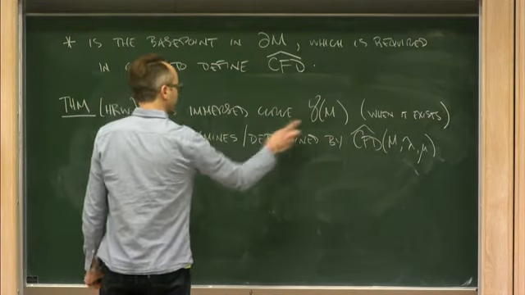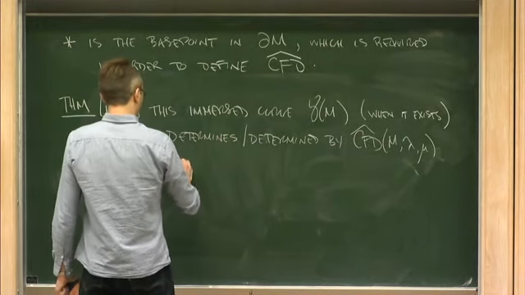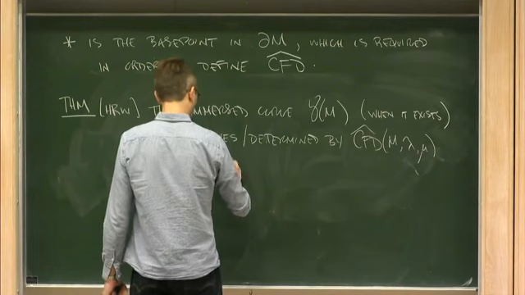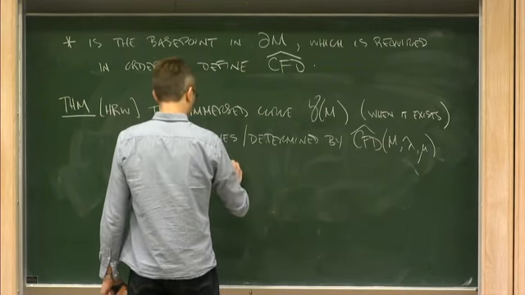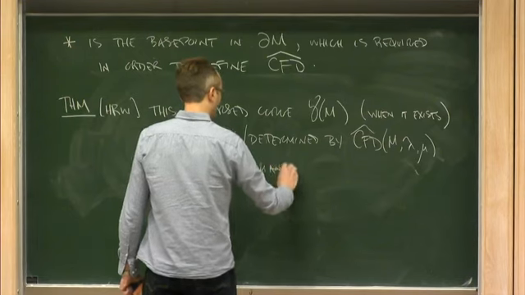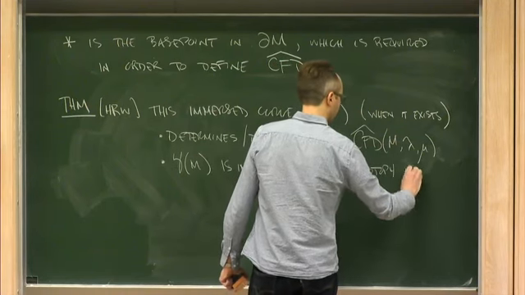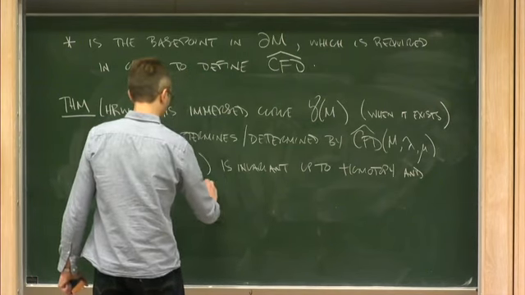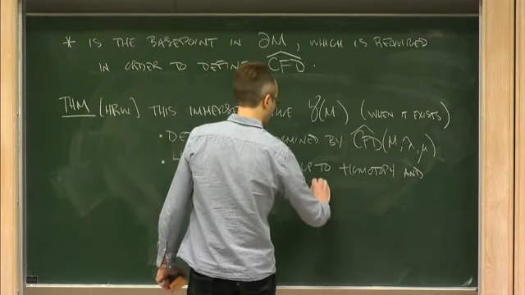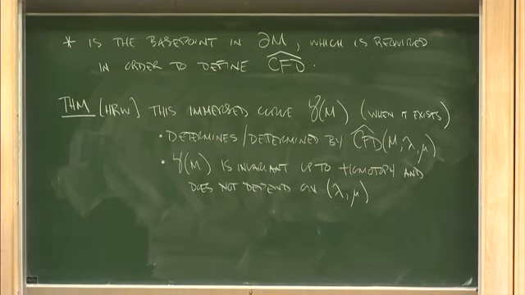But what's interesting is that it doesn't actually depend on this framing. So as an abstract curve, it is invariant under homotopy and does not depend on this choice you had to make to define CFD, in particular lambda mu here.